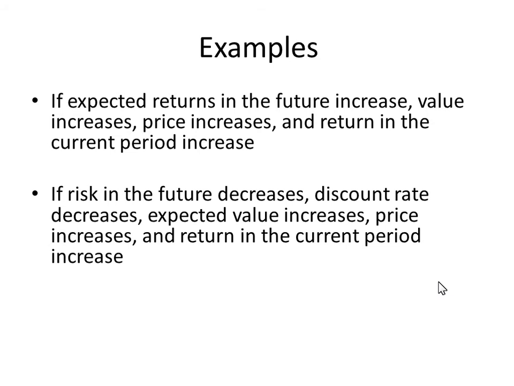If that's the case, we would reduce the discount rate because, again, the discount rate reflects risk. If risk has decreased, we would lower the discount rate. That would lead to higher expected values for that firm. The market again would see those higher expected values, bid that into the prices, and that would lead again to the current rate of return increasing.